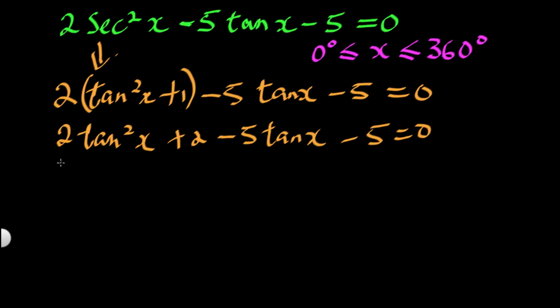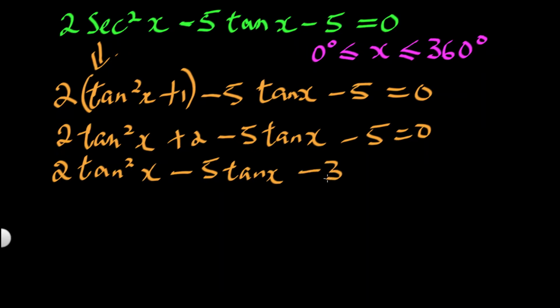Let me finish the simplification. This is 2 tan squared x minus 5 tan x. 2 minus 5, we get minus 3, equals 0.